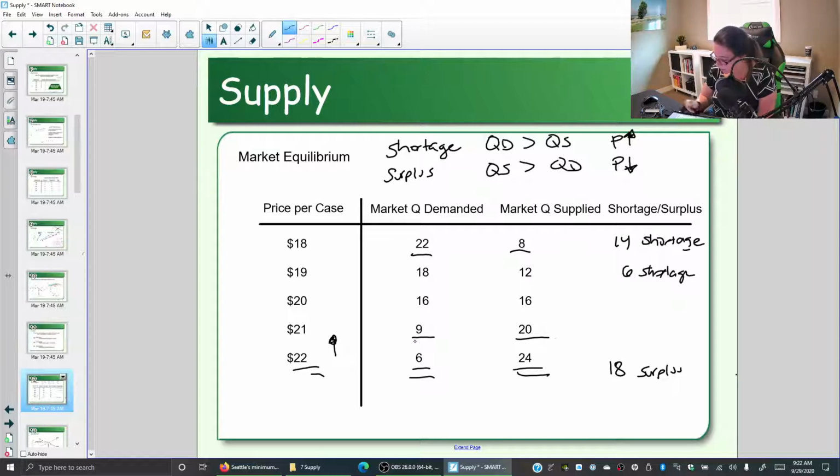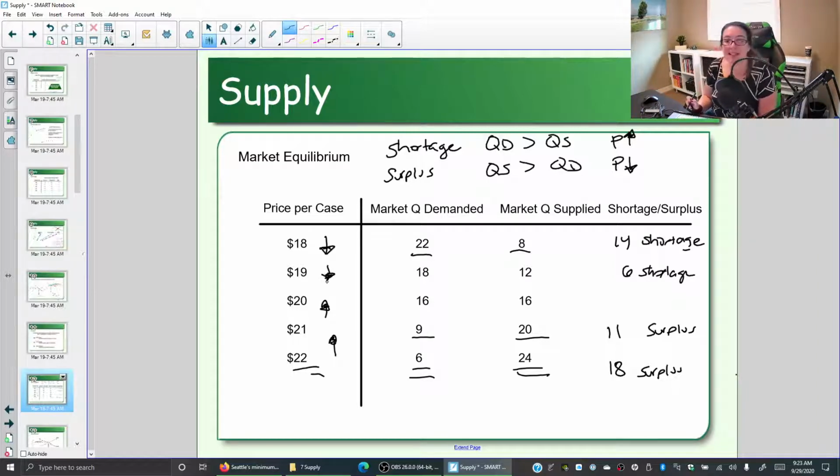Quantity supplied is more than quantity demanded, so we have a surplus. How big is that surplus? 11. Whenever you have a surplus, what happens to price? It goes down. When we were working on those lower prices, we had a shortage. And we know that when there's a shortage and we're all fighting for that last item, the price goes up.